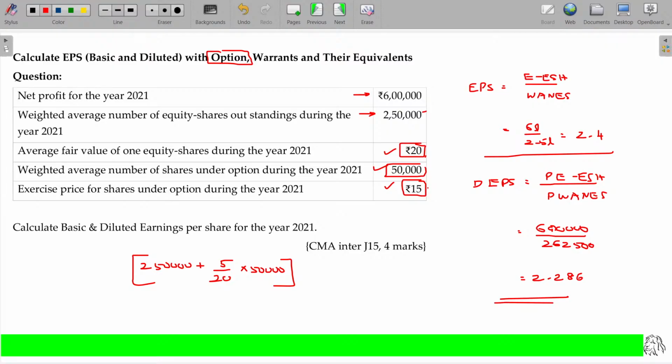Diluted EPS. So a few more theory points are going to be covered now.